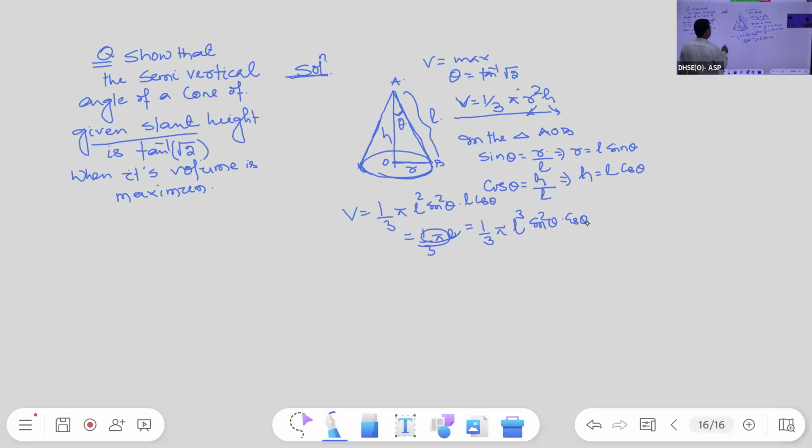So dV upon d theta equals 1 by 3 pi L cube into derivative of sin square theta, which is 2 sin theta cos theta, into second function cos theta, plus sin square theta into derivative of cos theta, which is minus sin theta.